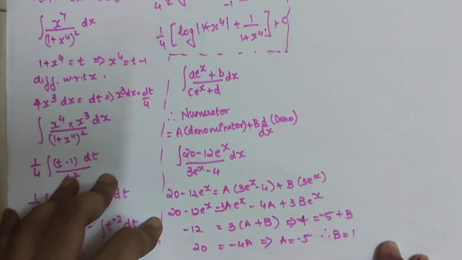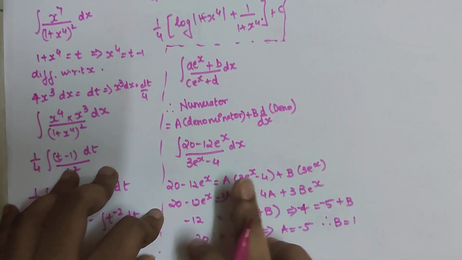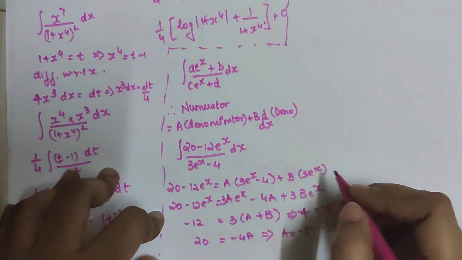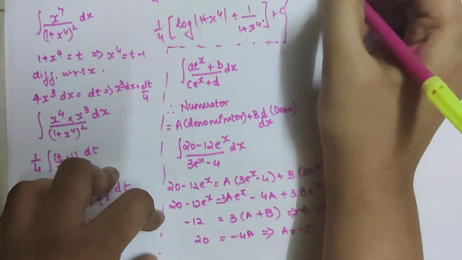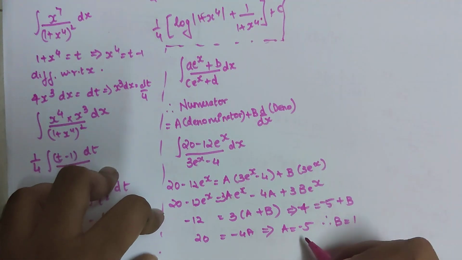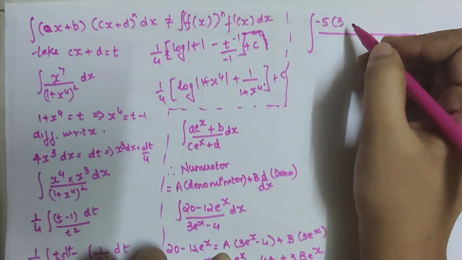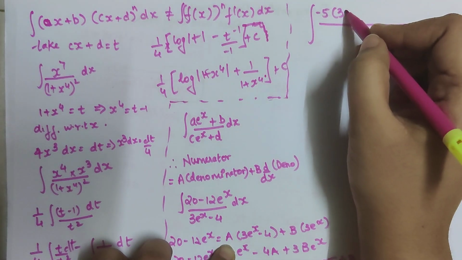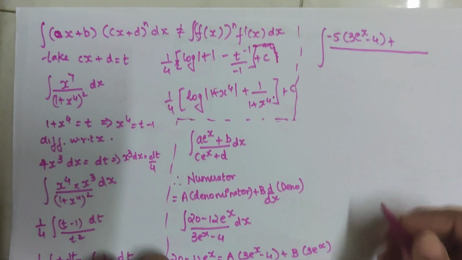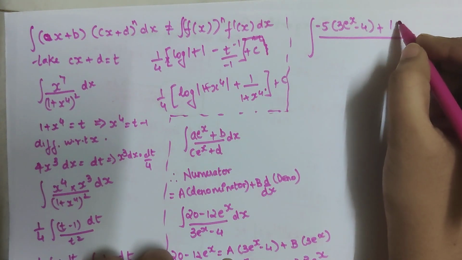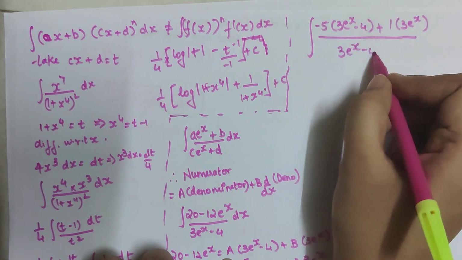Now substituting these values in this equation and writing that as your numerator, I will now change to a, which is minus 5, into 3 e raised to x minus 4, plus b, which was 1, into 3 e raised to x, upon 3 e raised to x minus 4.